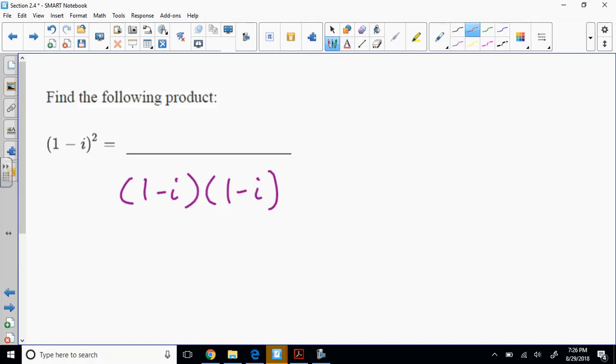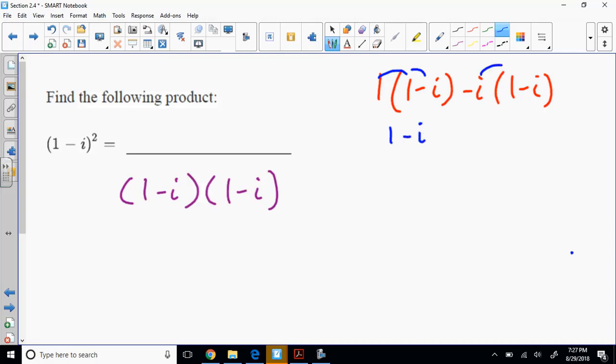So here we go. We're going to split it. I'm going to go up here. 1 minus i, and then 1 minus i, right? Y'all see how I split that? First term times everything in the second. Second term times everything in the second parentheses. So I'm going to distribute. So that's 1 minus i. And then that's minus i and plus i squared.